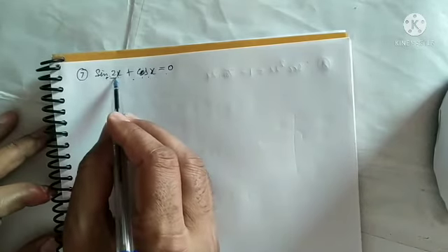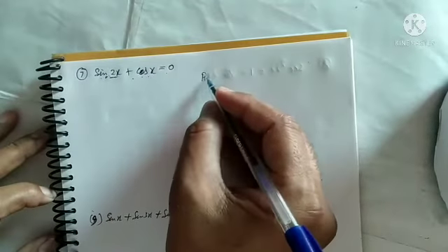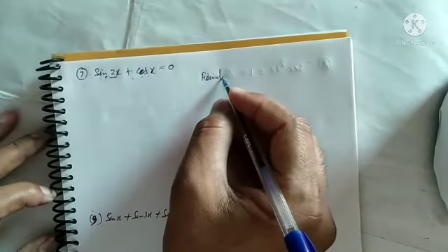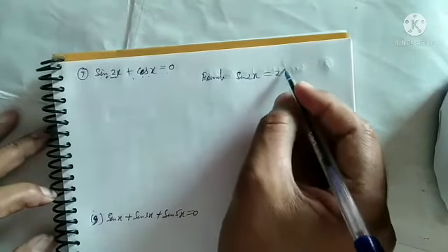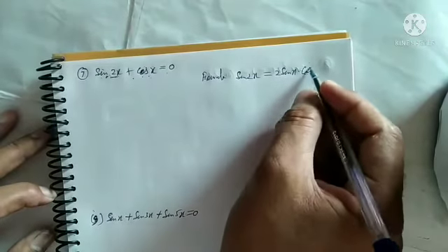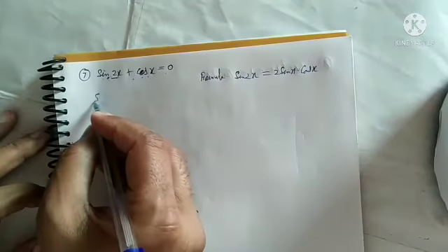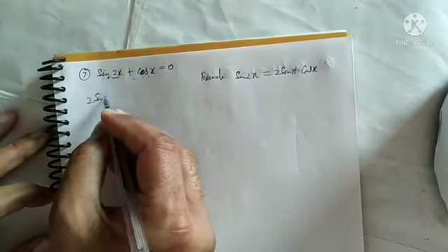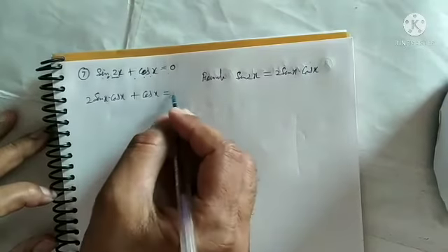So what we can do is break the formula sin 2x. We know the identity: sin 2x is equal to 2 sin x cos x. So in place of sin 2x write 2 sin x cos x, plus cos x is equal to 0.